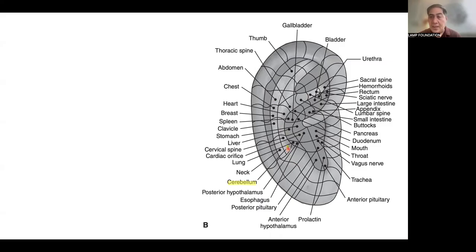We have the cerebellum. I think you're already familiar with the cerebellum, diba? The location is on the tail of the inferior antihelix, yung buntot, no?